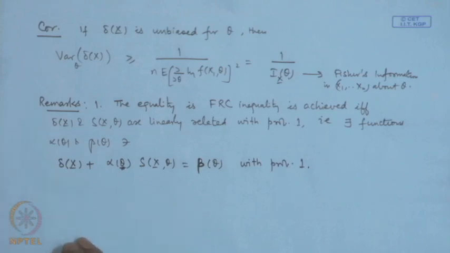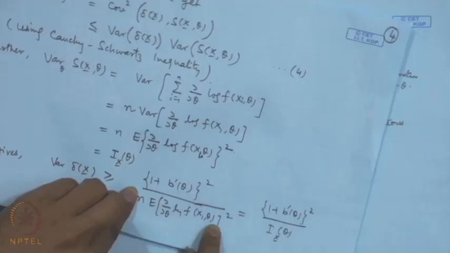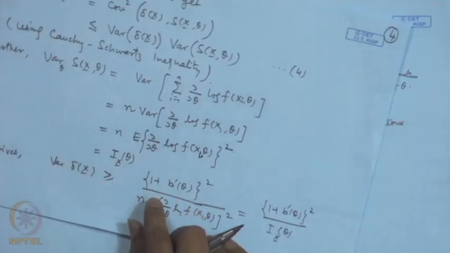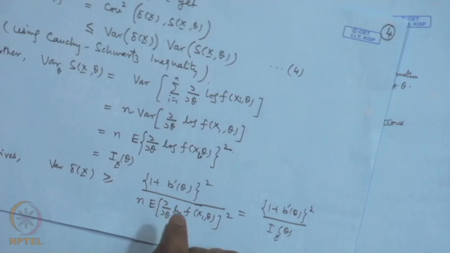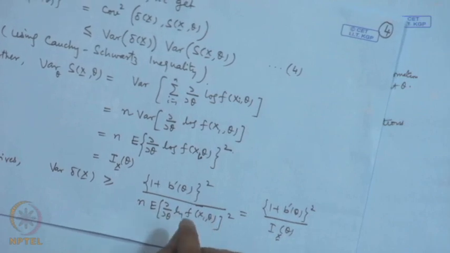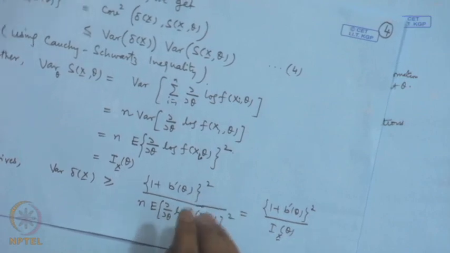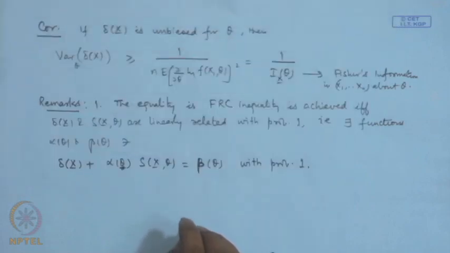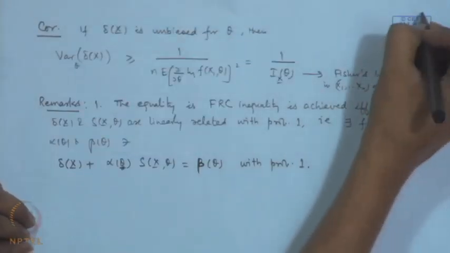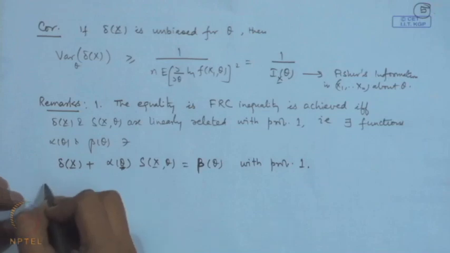Now, another point I have been using, that expectation of (del by del theta log f x theta) square, earlier I wrote this also as minus expectation of del 2 by del theta square log f x theta. Now, that is true provided the regularity conditions are satisfied. So, let me prove that also here.